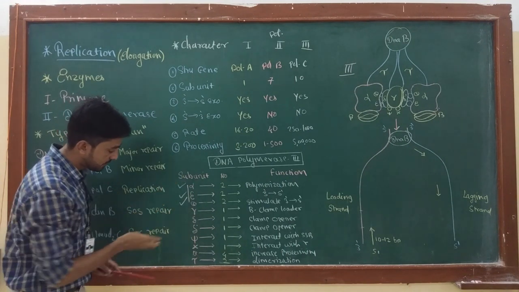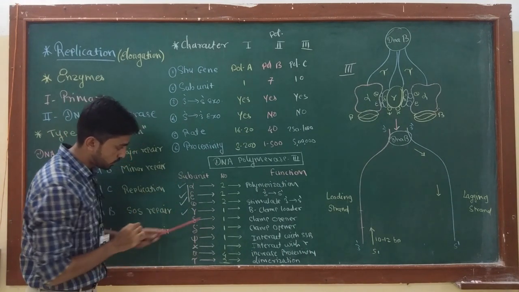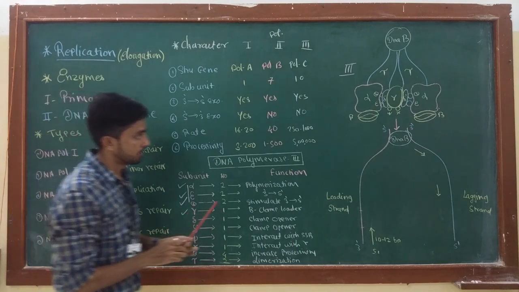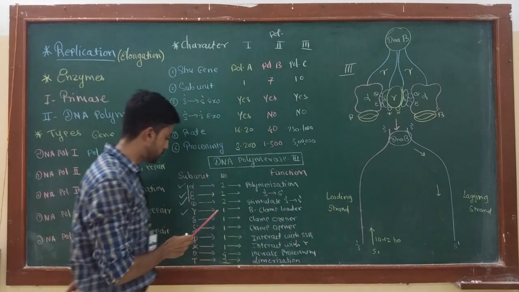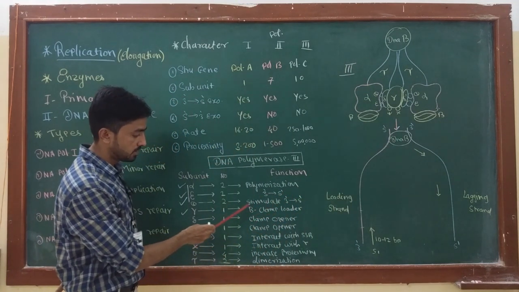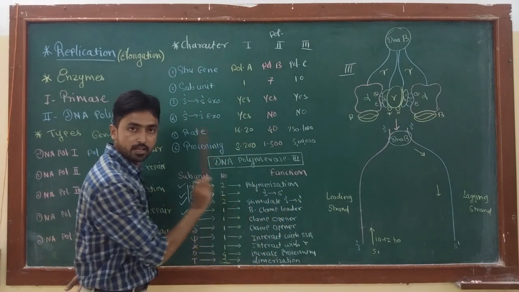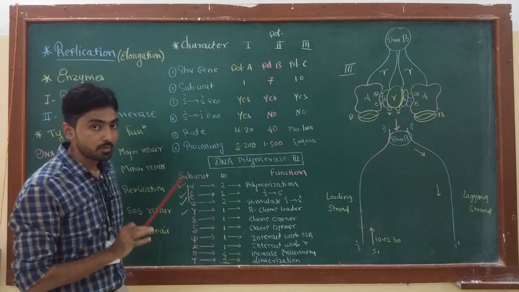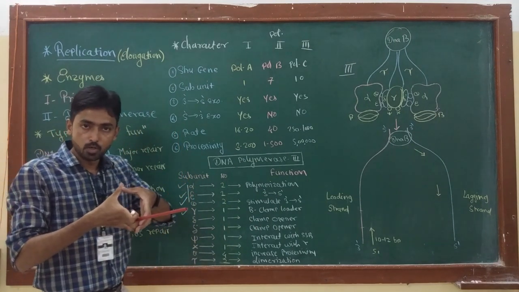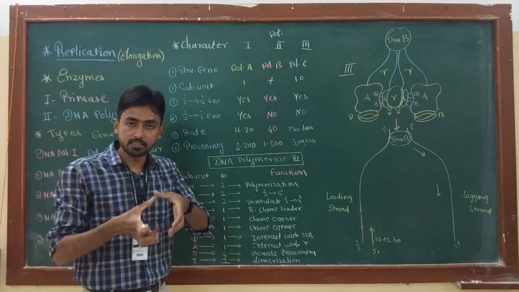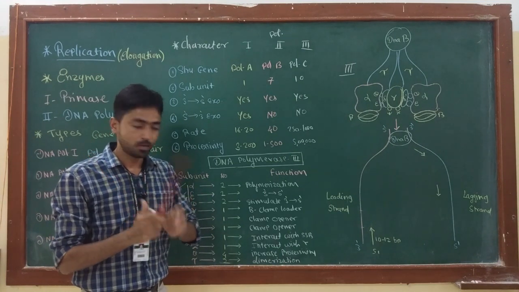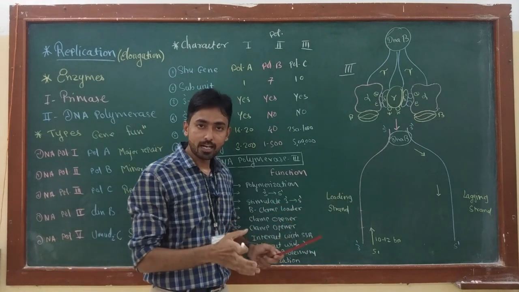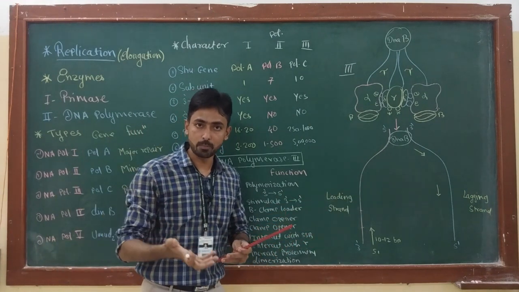Now the next is the gamma subunit. There is a total of one gamma subunit. Here you can see gamma. The function of the gamma subunit is beta clamp loading. What is beta clamp? The name itself suggests this clamp can hold the DNA polymerase tightly on the template strand so that it cannot fall off frequently.